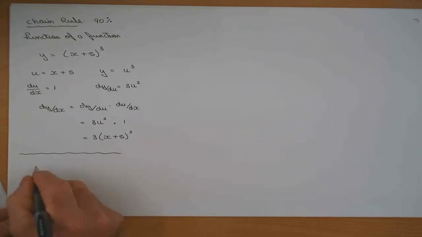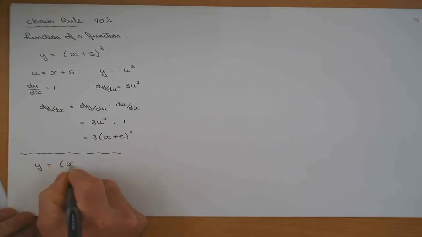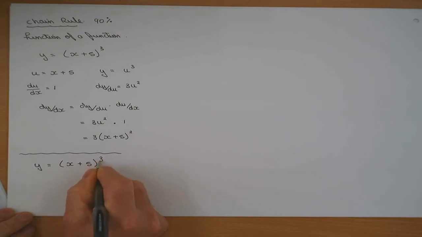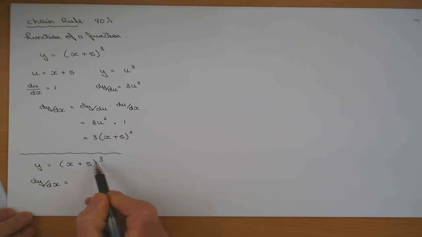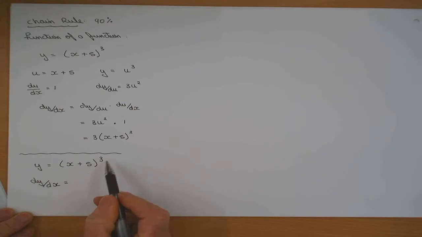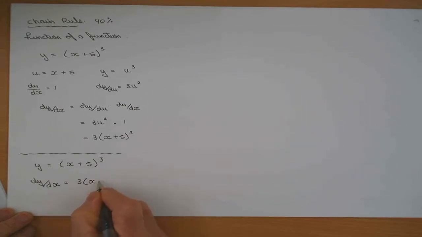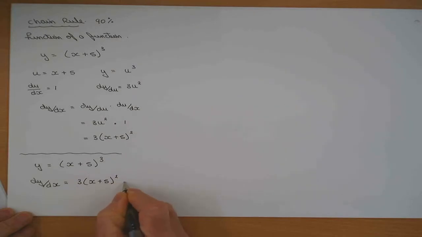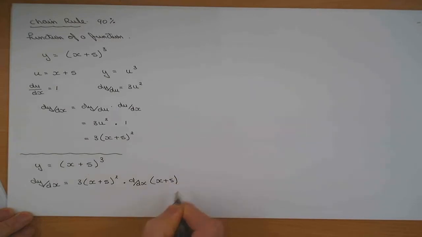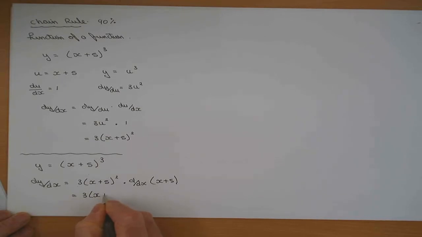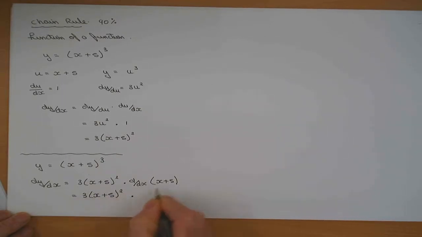I could teach it to you like this. y is equal to x plus 5 cubed. Then I can just give you dy/dx straight up. You treat that as if it's an x. So it's 3 times that squared. So it's 3 times x plus 5 squared by the derivative of the x plus 5, which is 3 times x plus 5 squared by, differentiate x, 1, and the 5, 0.